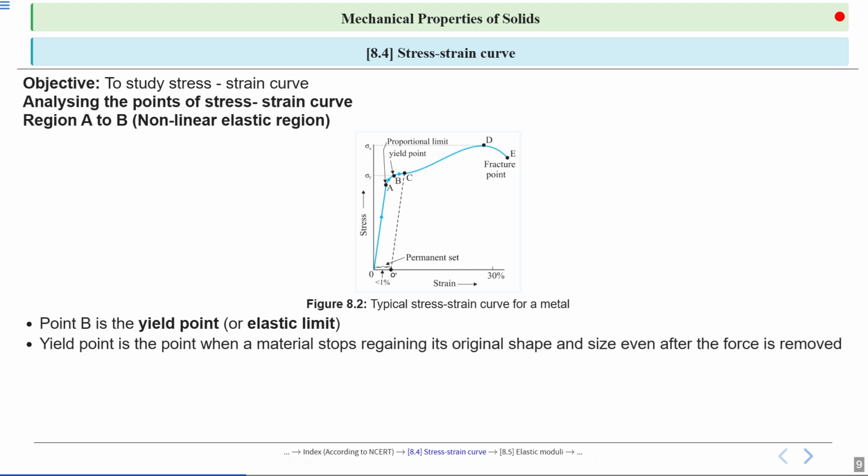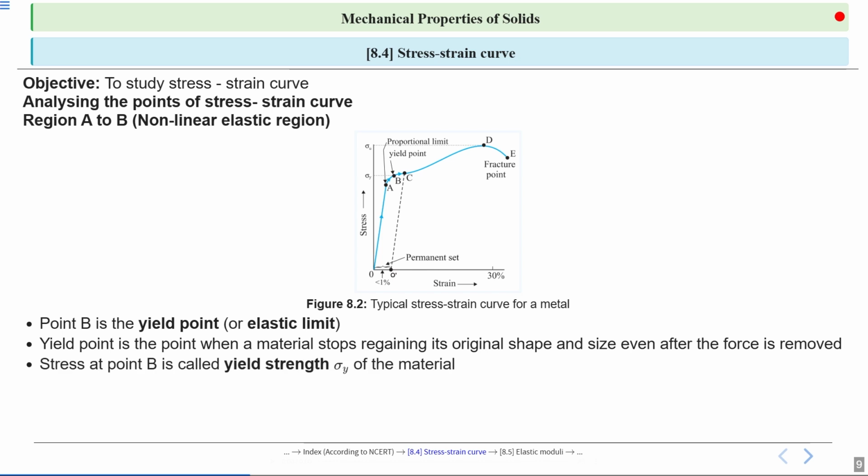At the yield point, something important happens. If we increase the force beyond this, the material will not regain its original shape or size after removing the force. This means the material has started to deform permanently, which is called plastic deformation.